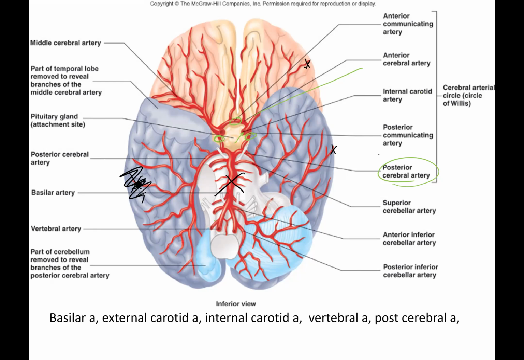Very simply put, the farther away from the center the stroke is, the luckier the patient is, and they're not going to have as severe symptoms, versus the more centralized and deeper, it can either kill them or have very severe side effects, such as complete paralysis.